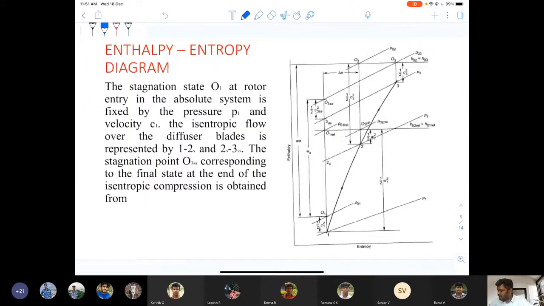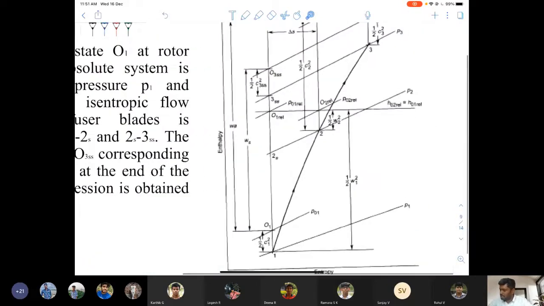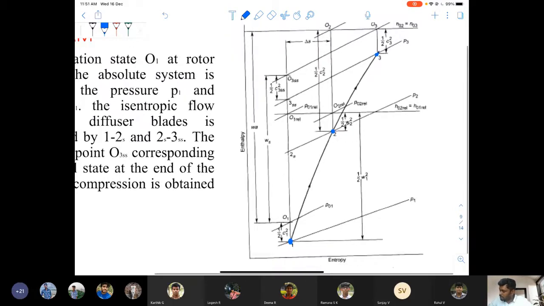You can see in this velocity diagram that 1 2 3 is the total stage. This is 1, this is 2, and this is 3. This total process from 1 to 3 is considered to be the actual work, and 1 to 2 is for the rotor.